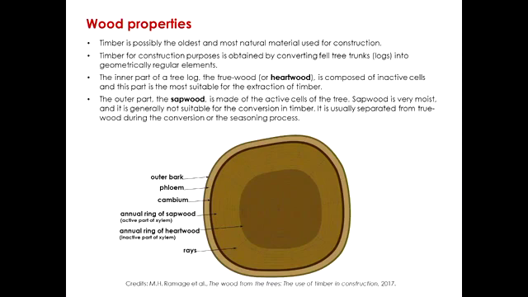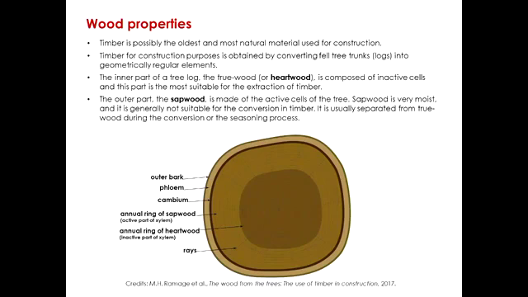And then there is the sapwood, which is around. The sapwood is made of these rays or rings which identify the age of the tree. That part is made of active cells. And then there is the bark, which is what we see of the tree, and that is dead.